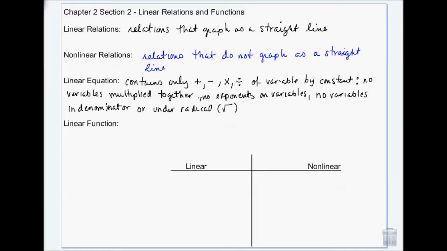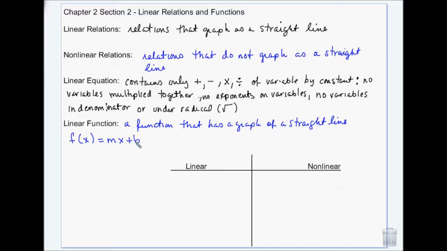Okay, a linear function is just a function that graphs a straight line. So it's of the form y equals mx plus b, except of course we replace y with f of x, and m and b have to be real numbers.